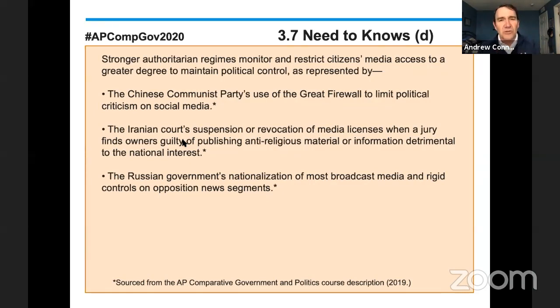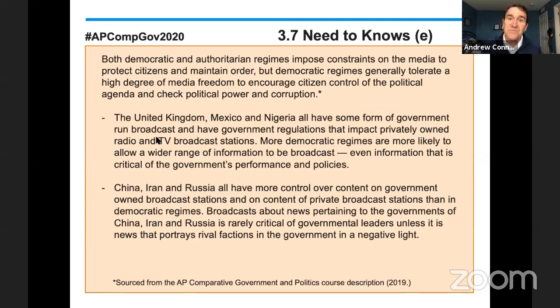The Russian government took over that broadcast outlet, Channel 1. And so that was an example of nationalizing broadcast media. And Russia's government, like a more authoritarian government, controls the big broadcasts, whether it be TV or radio.